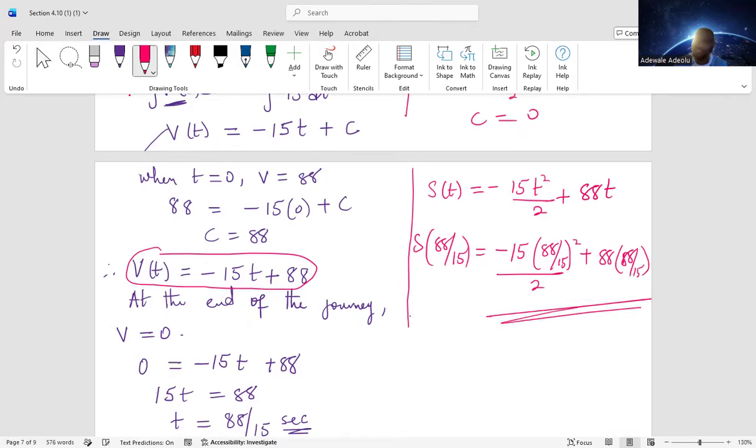In this case, I will leave it this way since you are not using a calculator. But suppose we have something easy to work with, say 90 over 15. You can simplify that easily because that would be 6, so you can square that and so on. But something important is the unit. Since it is distance, the unit is feet.